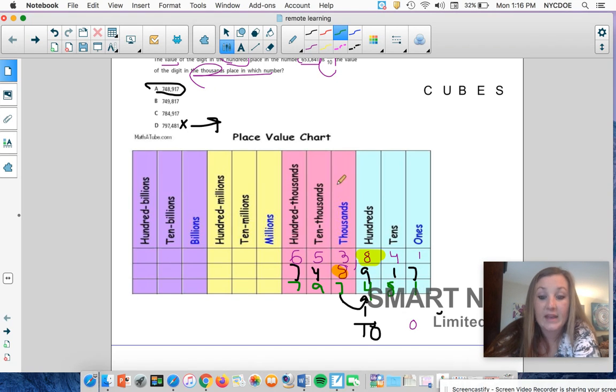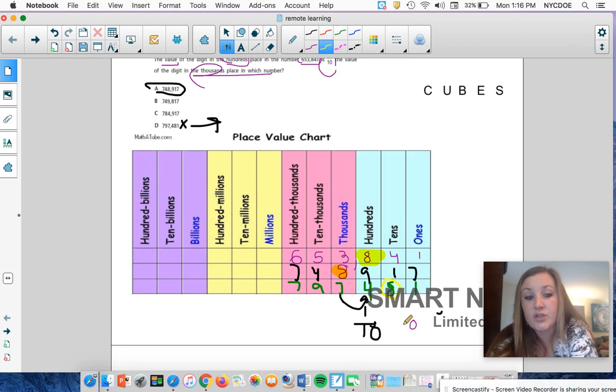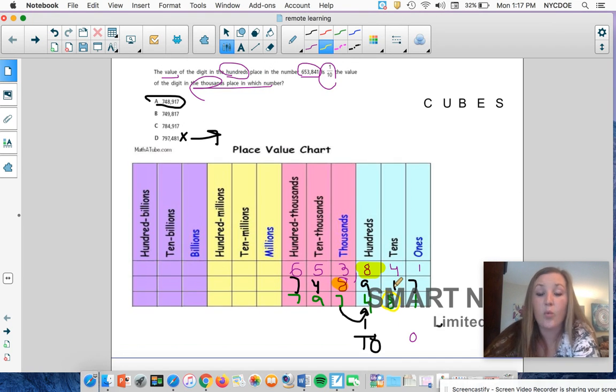Now, here is an 8 in the tens place. If you chose D, the value of the 8 in the tens place is 1/10 smaller than the 8 in the hundredths place. You would have flipped what it's asking you to do. It's asking for a number that has 1/10 the value of the digit in the thousands place of which number.